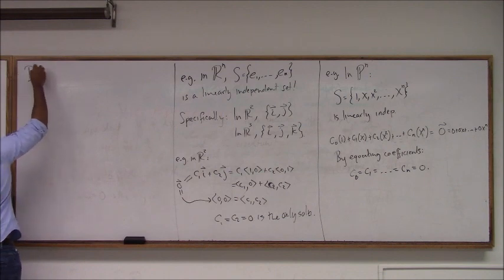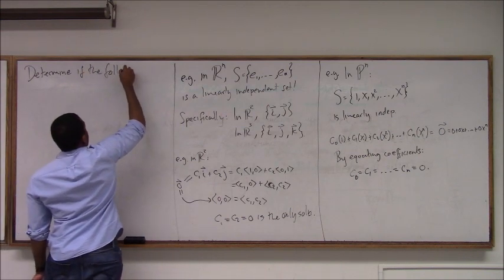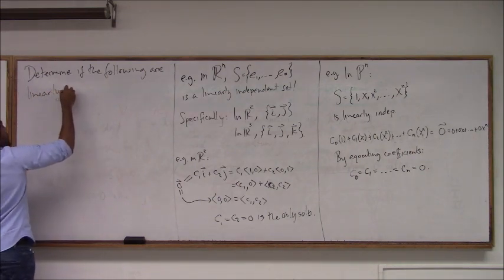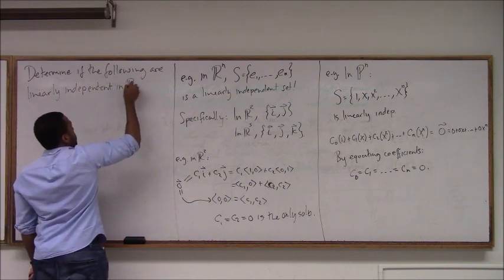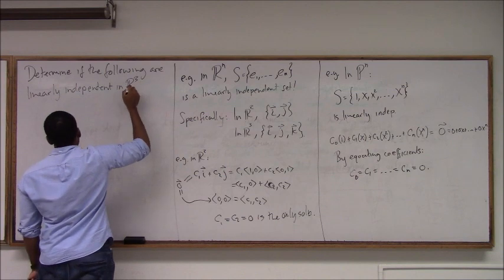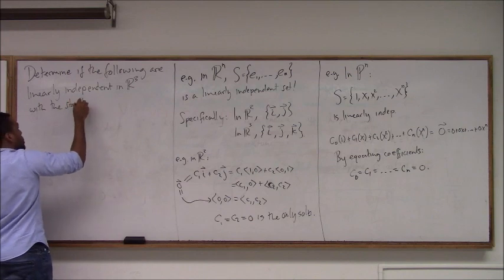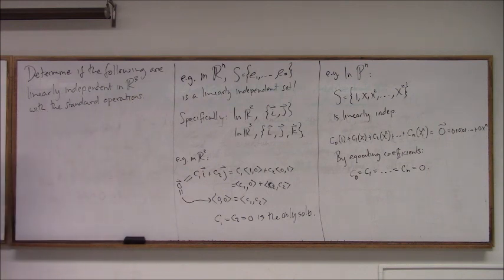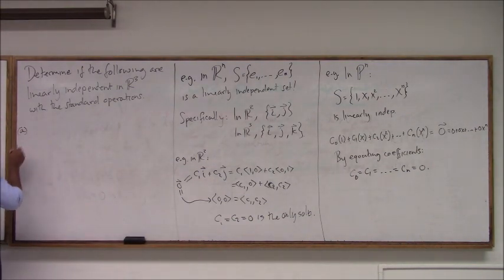So determine if the following are linearly independent in R3, with the standard operations. So let's say we're looking at R3 with the usual way we do vector addition and scalar multiplication. Are the following sets linearly independent?